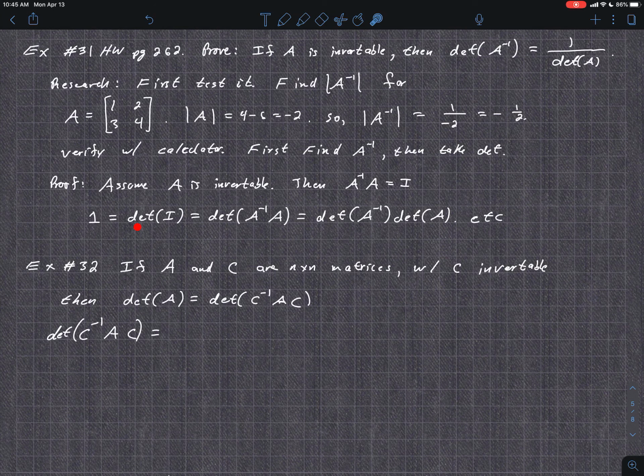So 1 is equal to the determinant of I, and I, as we just showed, is determinant A inverse times determinant of A. Now, by the property we proved above, or theorem, I forgot what theorem it is, you can separate those determinants. It's determinant of A inverse times determinant of A.